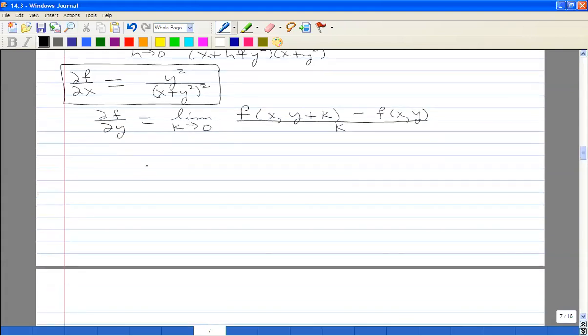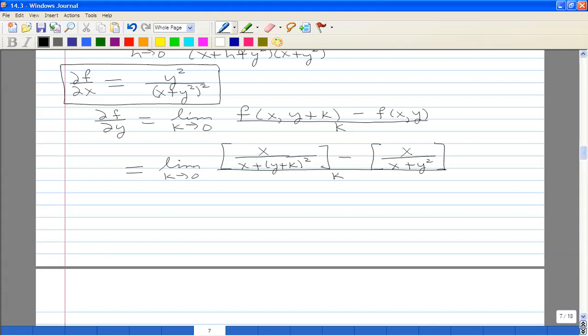So this is equal to the limit as k goes to 0 of x over x plus y plus k squared, minus x over x plus y squared, over k.